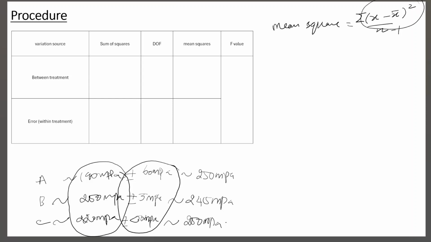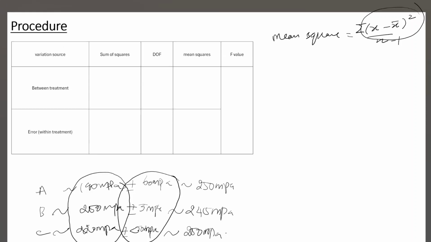So this one is closely resembling the variance, which means we can put it the other way: mean square is the estimate of variance. So here we are indirectly estimating the variance in terms of mean square. Okay, this is the basic, which is now clear. Mean square is what we are calculating.